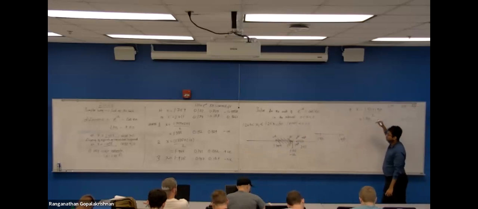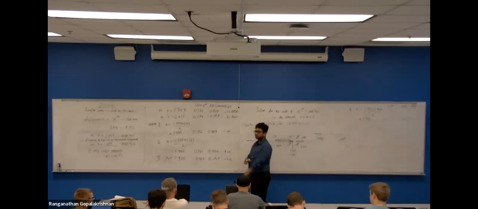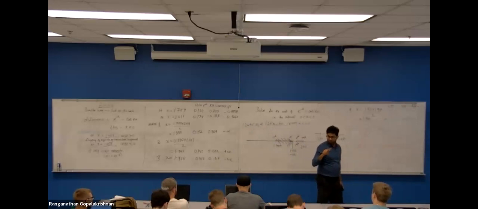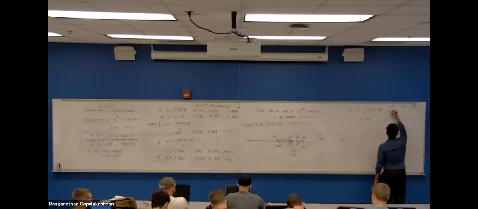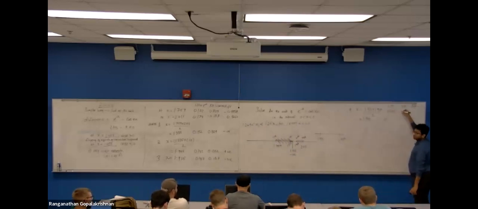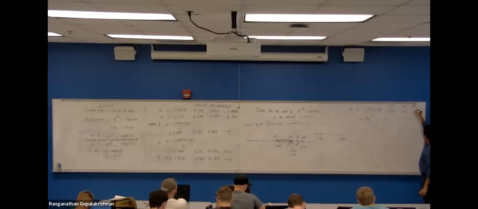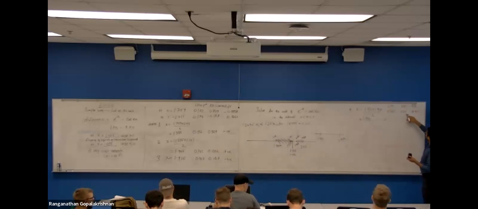What is LHS? 0.145. And then right side 0.122. So the difference is positive, and the difference is actually 0.023.